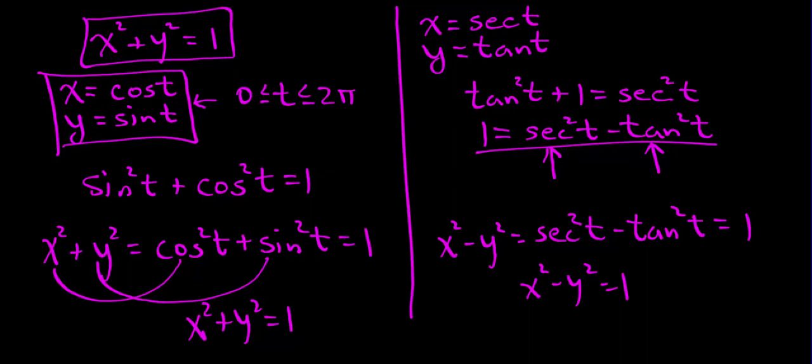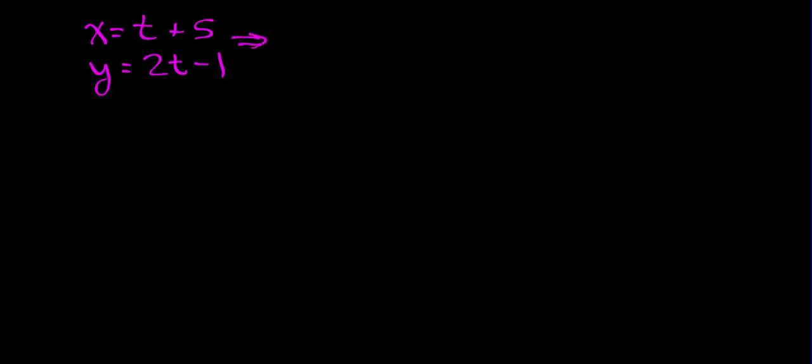But let's suppose we've got a set of parametric equations like this one: x equals t plus 5, and y equals 2t minus 1. So here we have a line. X is linear, y is linear. Here's the way we can approach this. Pretty simple. We just take one of these equations and solve for t. I'll pick the first one. So I've got x minus 5 equals t.